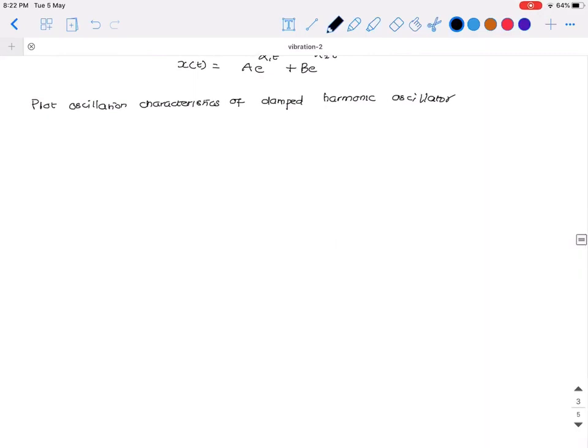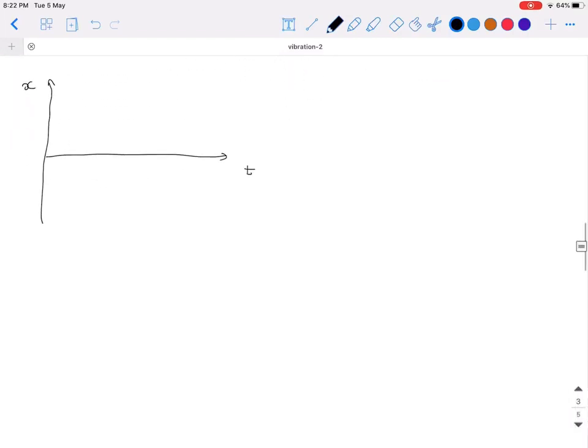So we have x with respect to time t. Okay, so this is an underdamped system.